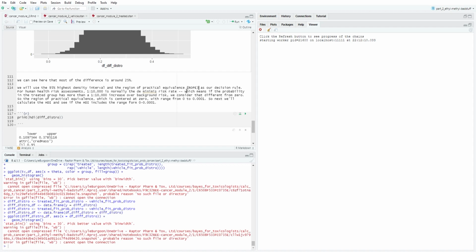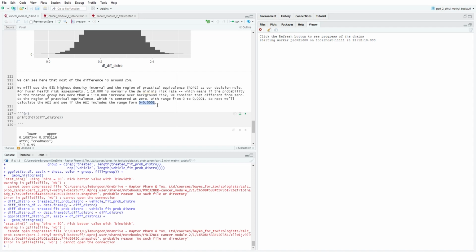And so now we will set our ROPE around that level. We're not taking a point estimate of 0 and saying, well, if you're different from 0, then you're different. We're saying, no, 1 in 10,000 is really the limit. Well, 1 in 10,000 is going to be 0.0001.